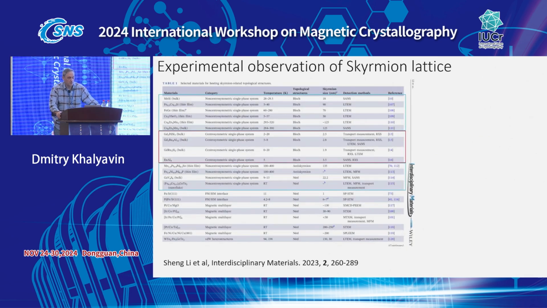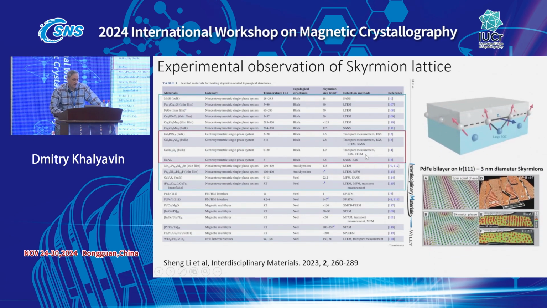And if you look at the list of skyrmion host materials, which is quite long, it's dominated by non-centrosymmetric crystals. But there are a few examples with centrosymmetric crystals, shown here in red. Apart from bulk crystals, there is also a very long list of low-dimensional structures where the skyrmion lattice is stable: thin films and heterostructures.